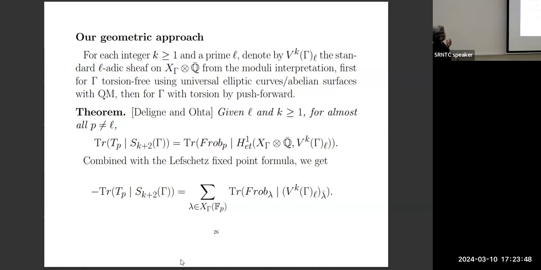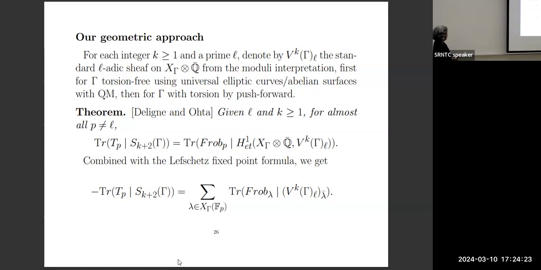If this gamma comes from a Shimura curve, then Shimura did a similar thing using the universal abelian surfaces with quaternion multiplication. But if gamma has torsion, then we choose a subgroup without torsion, we have the sheaf, and then we do a push forward.